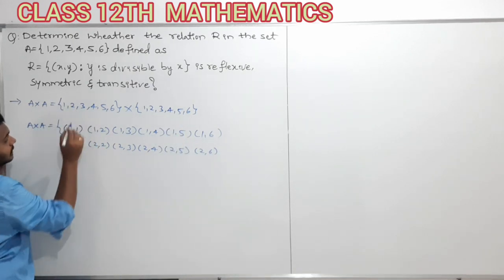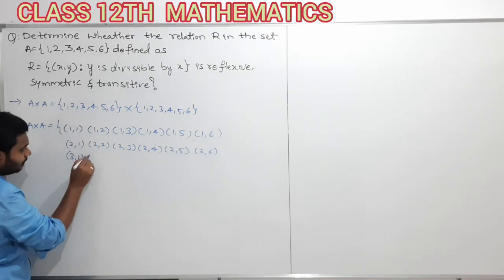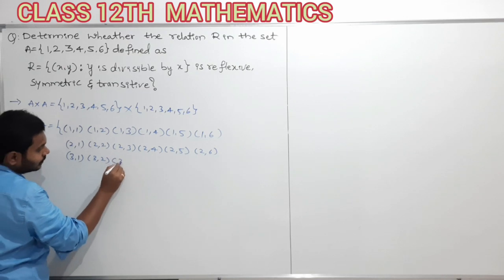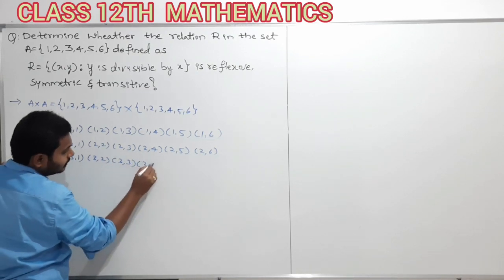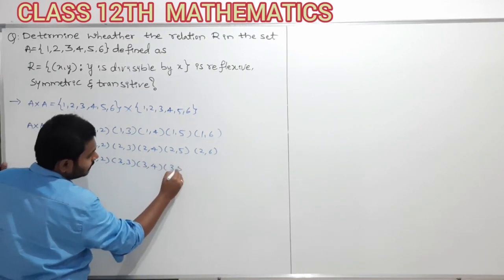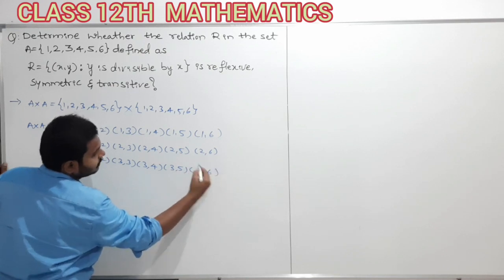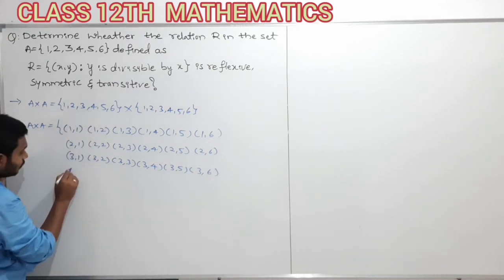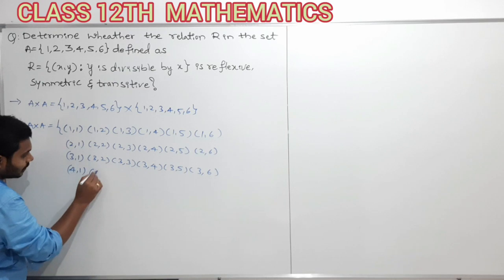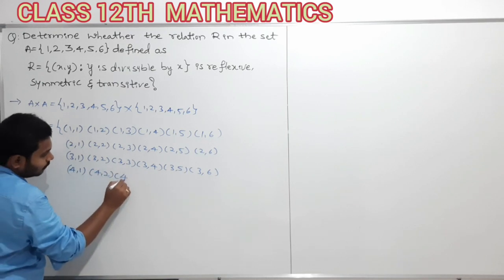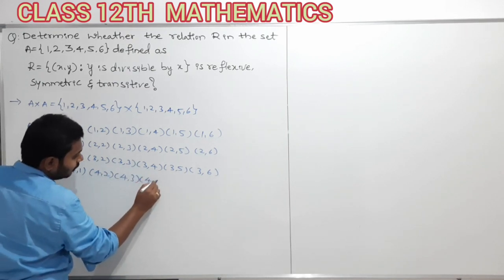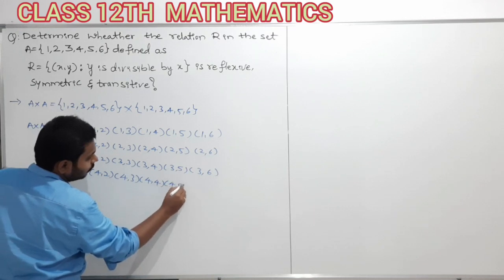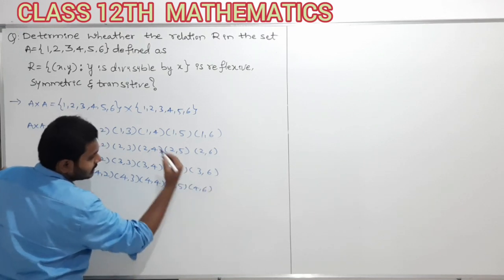Next, 3, 1, 3, 2, 3, 3, 3, 4, 3, 5, 3, 6. And next, 4, 1, 4, 2, 4, 3, 4, 4, 4, 5, 4, 6.